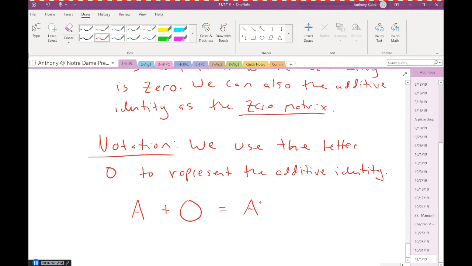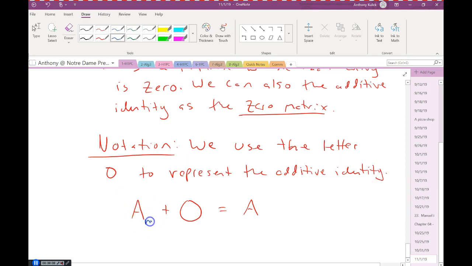Why do you suppose we picked O? Because it looks like a 0. So we wanted to make it really intuitive for us. Okay? And just as a little piece of notation, here we haven't specified the dimension of matrix A or matrix O. If they're not the same dimension, this isn't true.